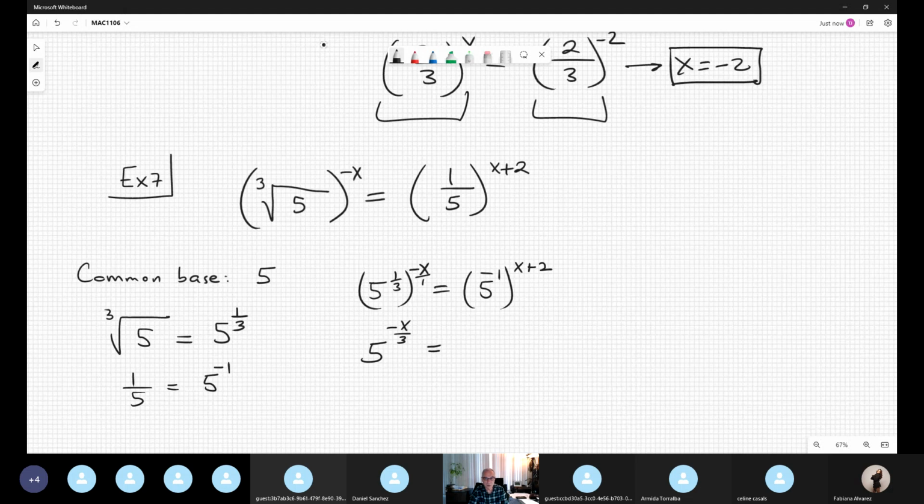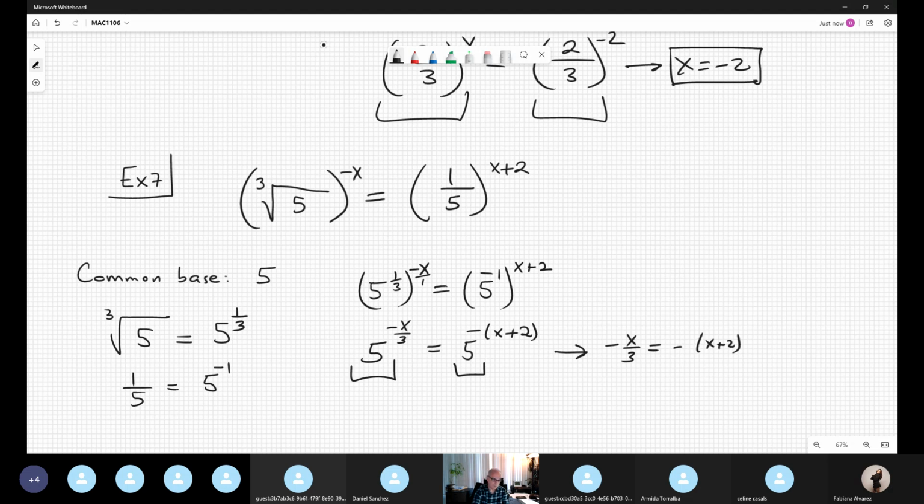Equal, and you multiply 5 to the minus (x plus 2), because the binomial is enclosed in the parentheses. Now, however, we have again the situation of two exponentials and the same base. Therefore, the exponents are the same. Magically, I delete the base. Minus x over 3 equals minus (x plus 2).